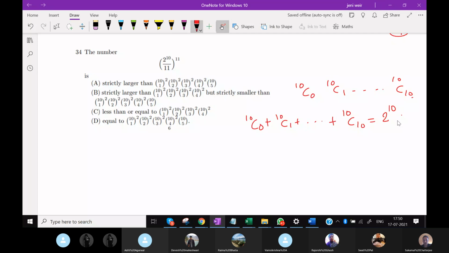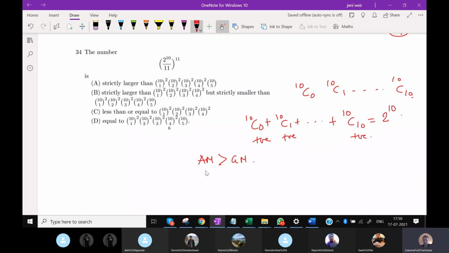Right? Yes, sir. Okay. So now I know that all these are positive numbers and none of them are equal. So I will apply arithmetic mean greater than geometric mean. It cannot be equal because the numbers are not equal.